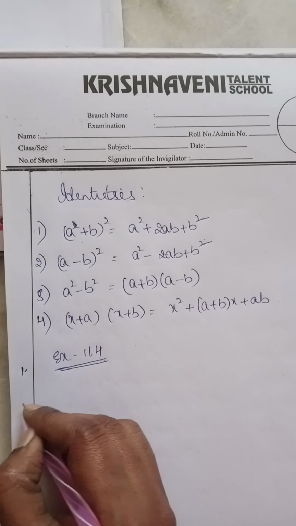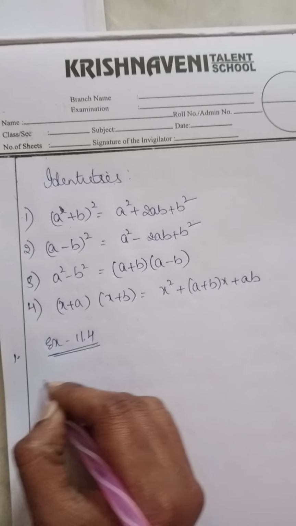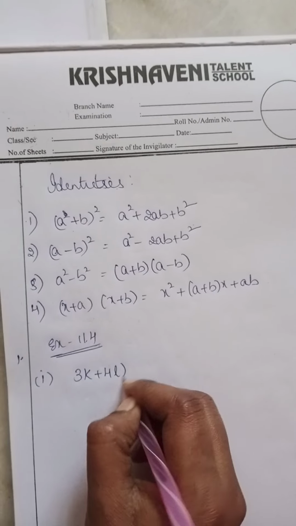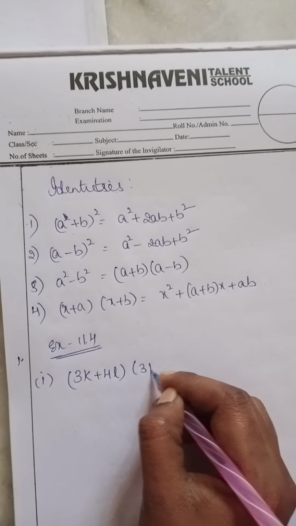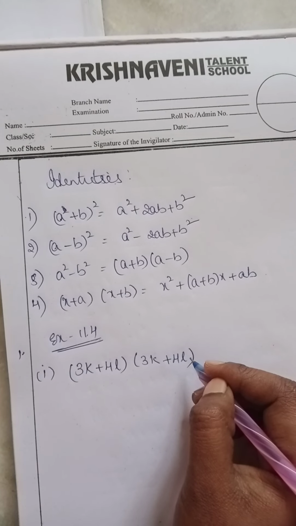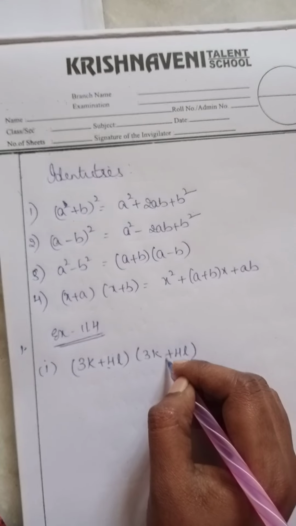What is the first one? Select a suitable identity and find the following products. Okay, if you see the first question, (3k plus 4l) and (3k plus 4l). Okay, what is this?